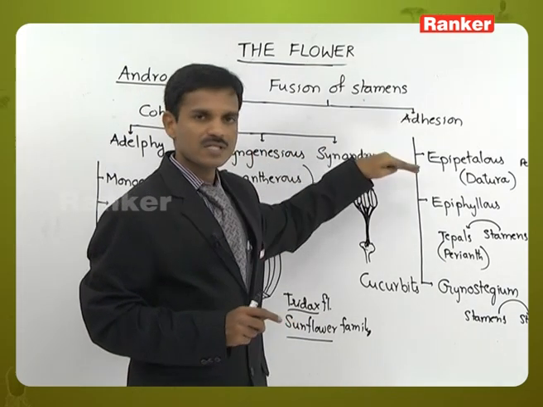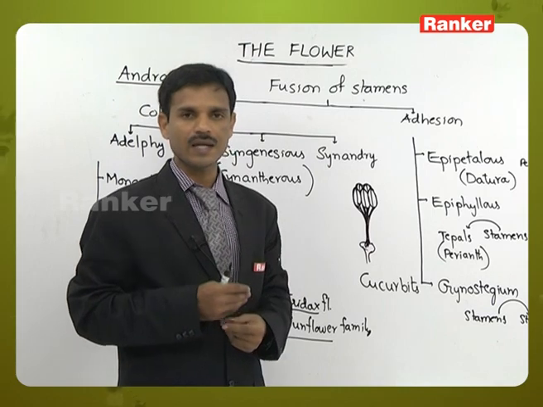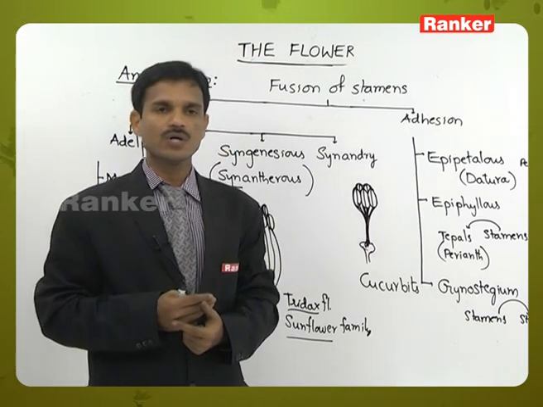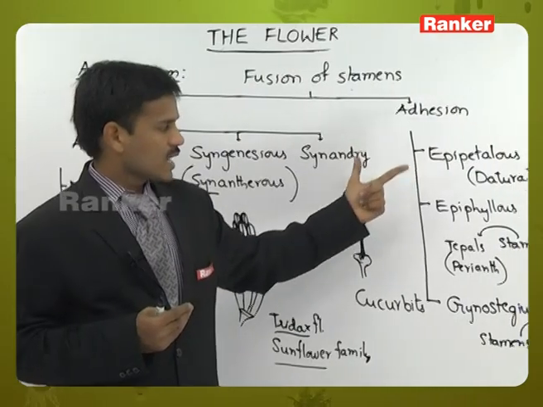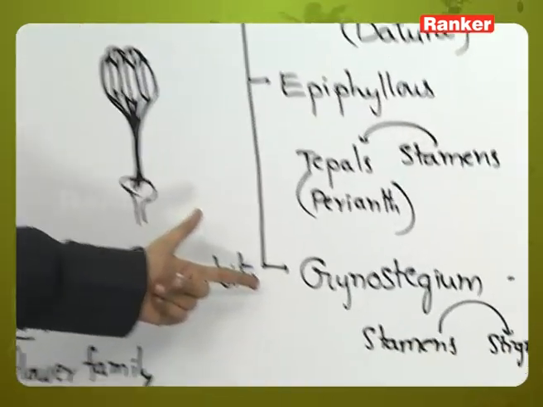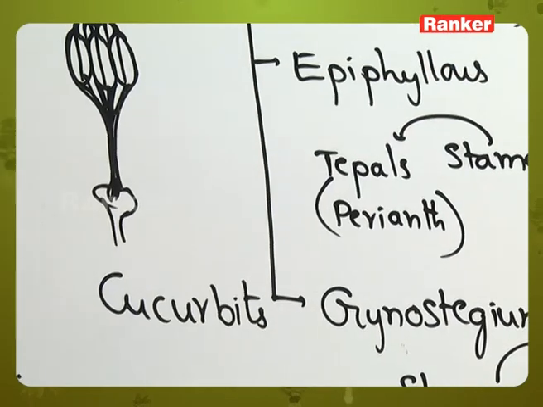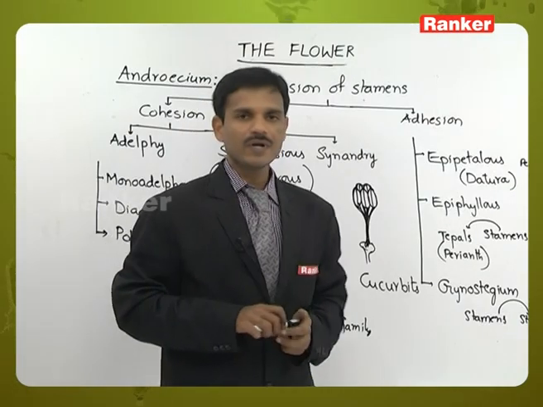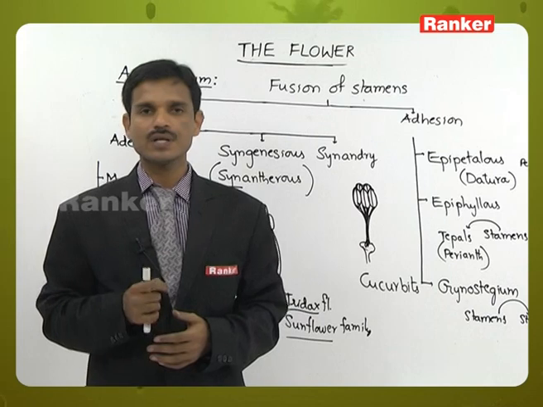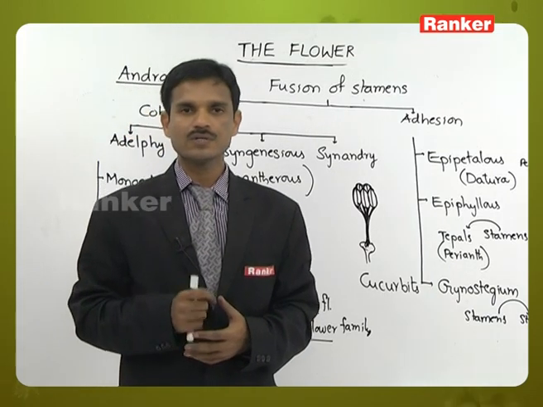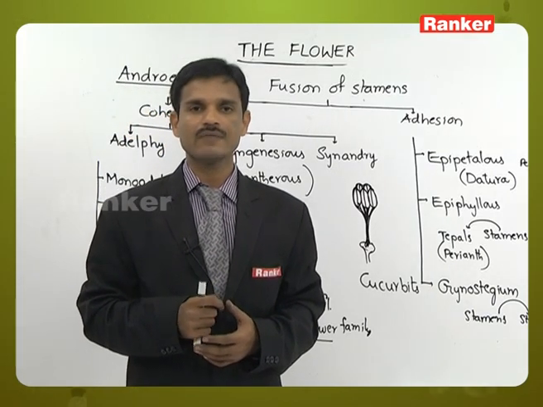Adhesion means the stamens are fused with other floral parts like calyx, petals and tepals, and gynoecium. So, three types of adhesion are there. In different plants, different types of cohesion and adhesion are observed. So, that is about fusion or union of stamens.